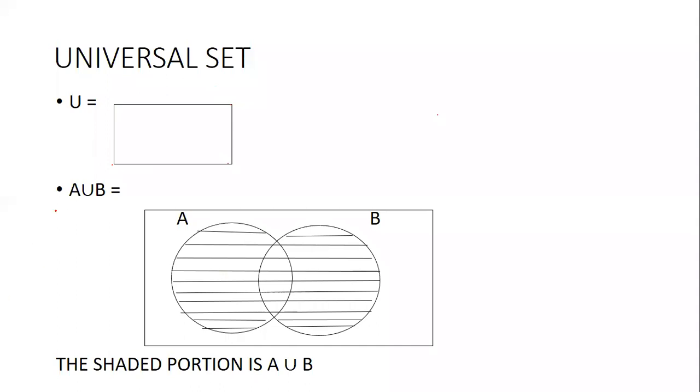Now, going on to the next, which is A union B. First of all, what is union? Can somebody tell me what is union? What do we consider when we say union?